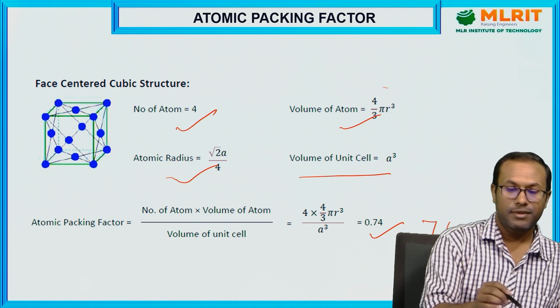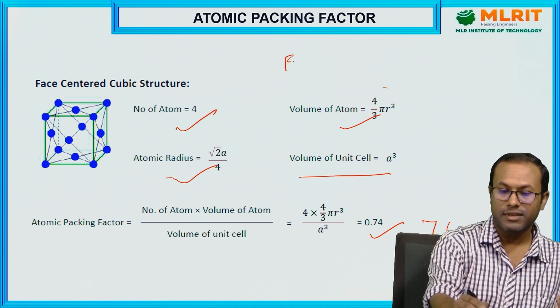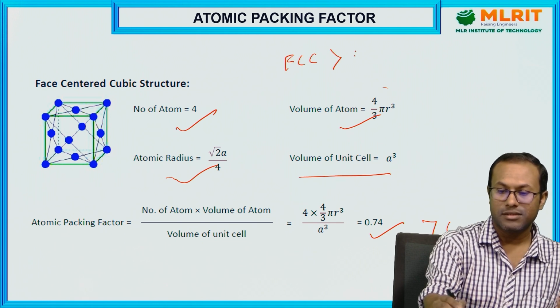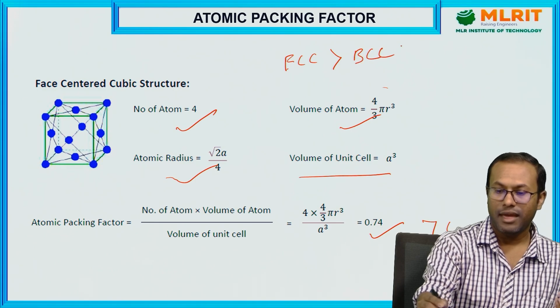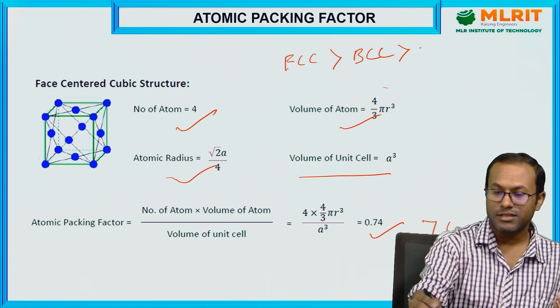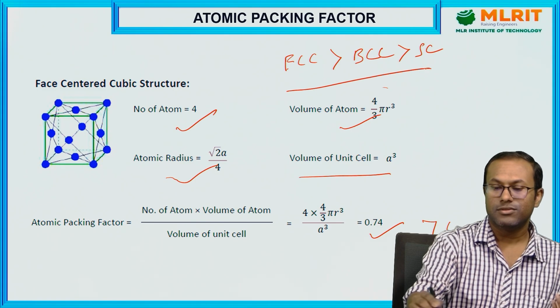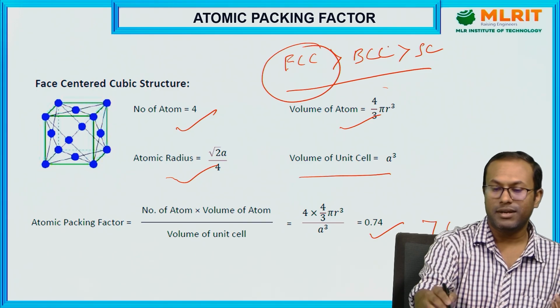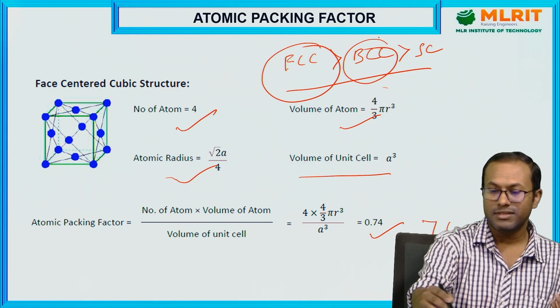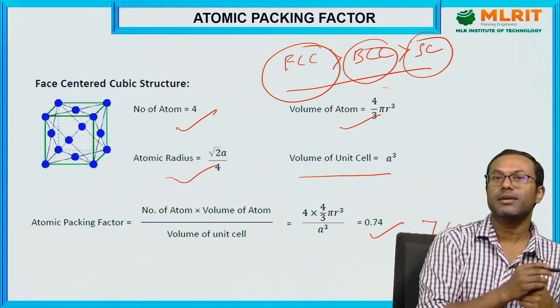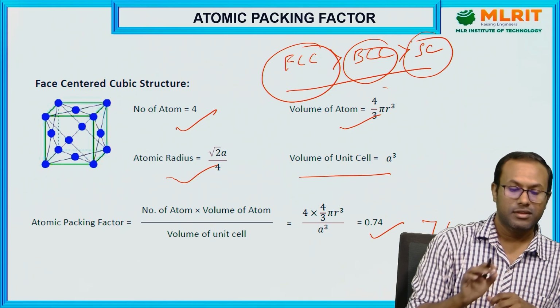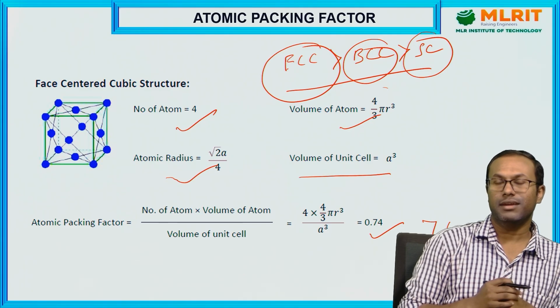So FCC packing factor is more than BCC, and BCC's packing factor is more than simple cubic. So FCC is more closely packed compared to BCC, and BCC is more closely packed compared to simple cubic. So this is the concept of atomic packing factor.